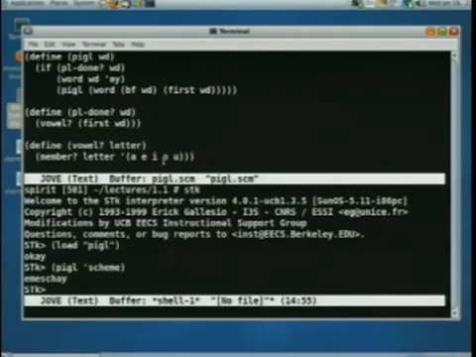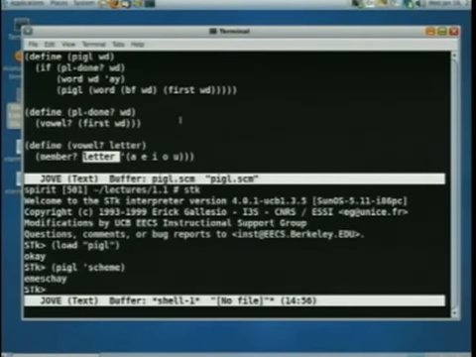Why did I use letter as the argument down here? Oh, I used letter here because I used it here. Letter is the formal parameter to procedure vowel question mark. So when we call vowel question mark of S, we're going to substitute S for the formal parameter in this expression.